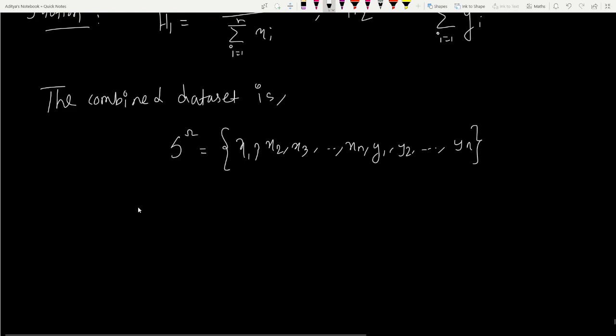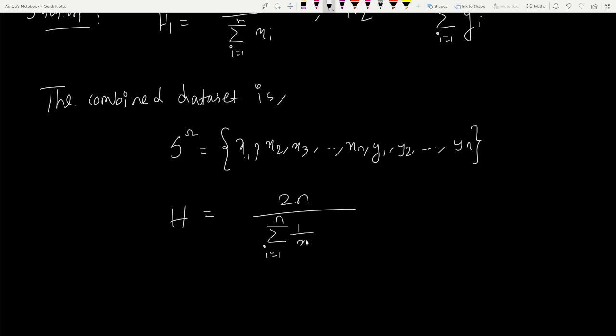The harmonic mean of this one would be 2n divided by summation of i equals 1 to n of 1 by xi plus summation of i equals 1 to n of 1 by yi, right?